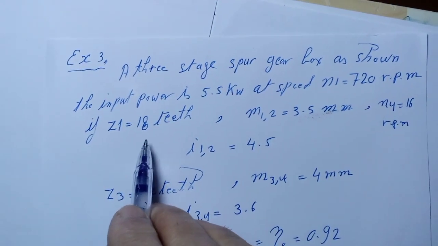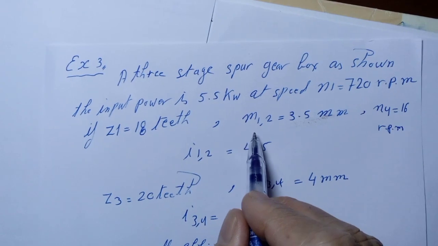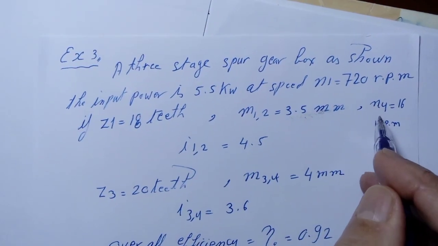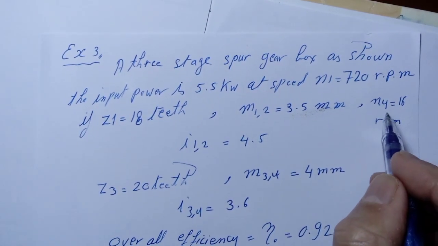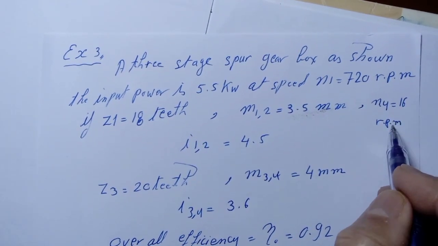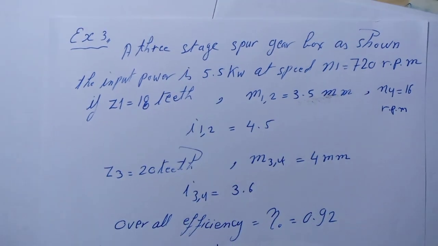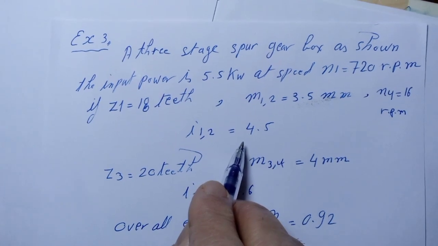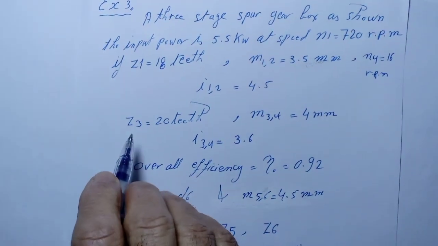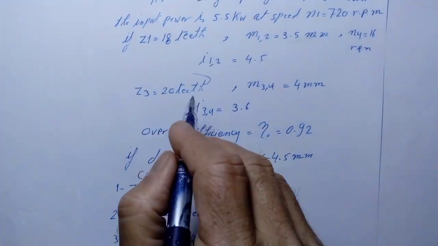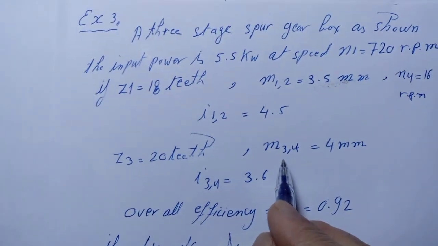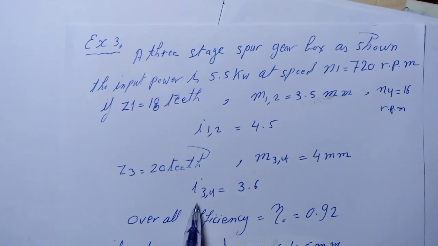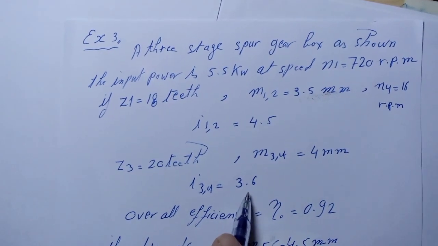If Z1 is equal to 18 teeth, and the module for gears 1 and 2 is 3.5, and the rotation of the output shaft N4 equals 16 RPM, and the reduction ratio between gear 1 and gear 2 is 4.5. And Z3 is equal to 20 teeth, the module for gears 3 and 4 is equal to 4 millimeters, and the reduction ratio of gears 3 and 4 is 3.6.